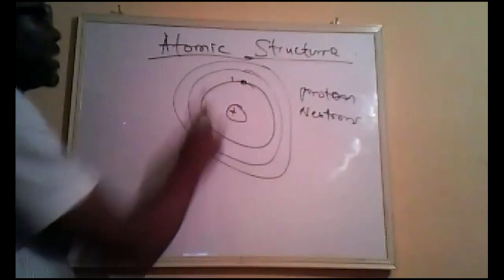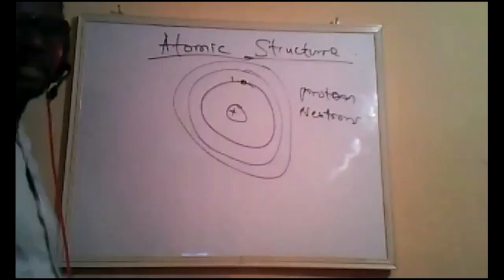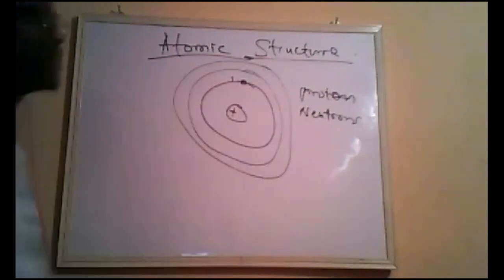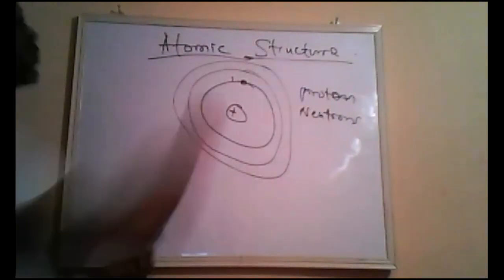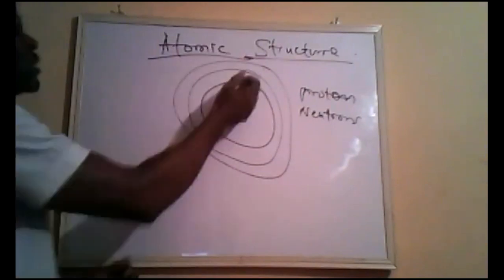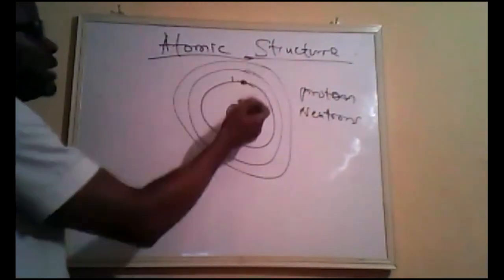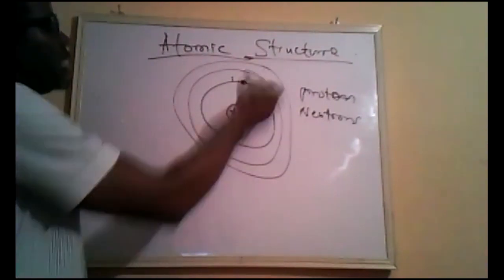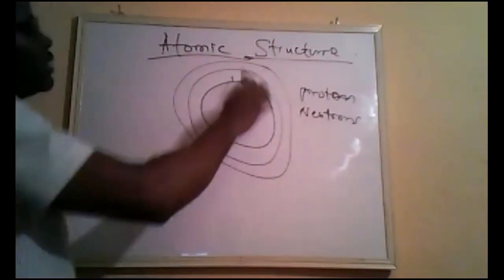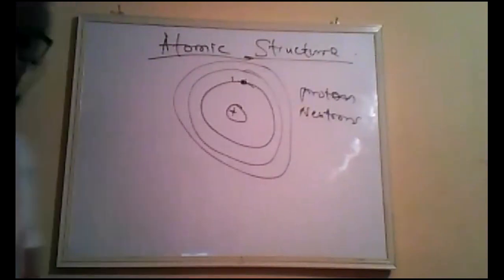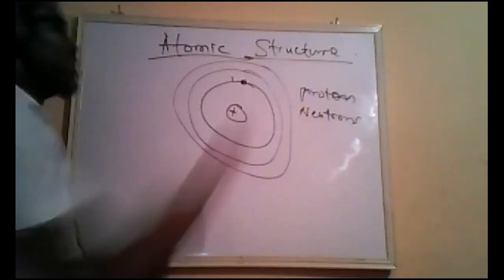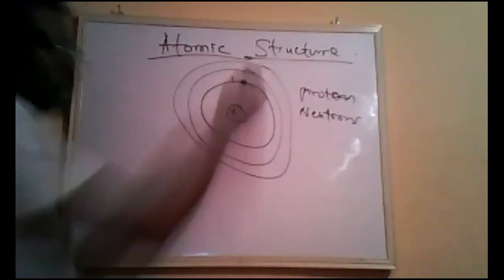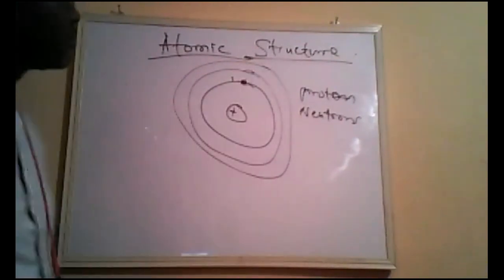The electrons in each shell have a particular energy. As we go further out, the inner ones are more tightly bound, so the energy used in removing an inner electron is higher than the energy used in removing an outer electron.